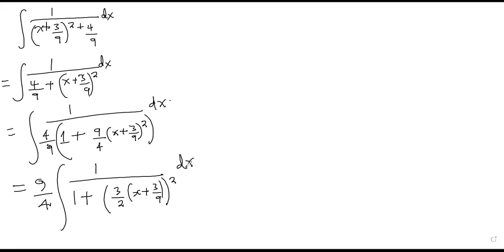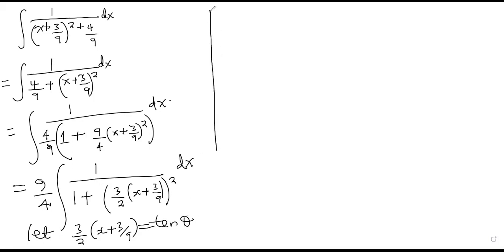All right. So now we can let this one, which is under the square, all of it, be tan theta. So let 3 over 2 x plus 3 over 9 be equal to tan theta. Now, when you differentiate, you'll get 3 over 2 dx equals sec squared theta d theta.